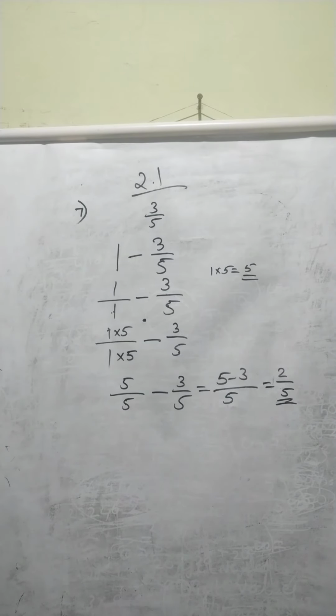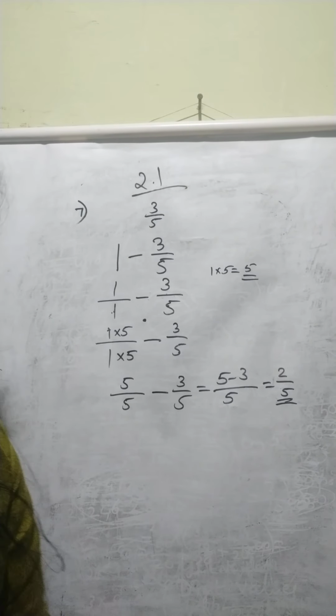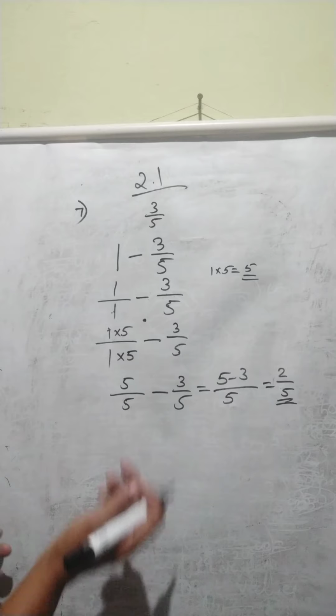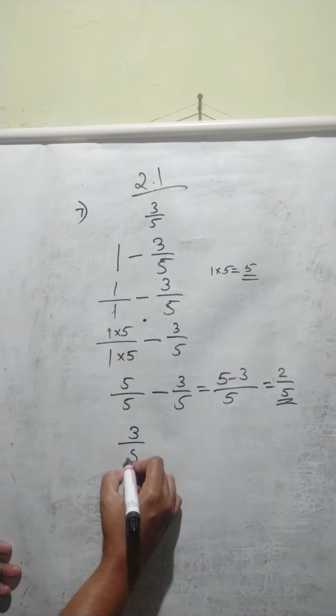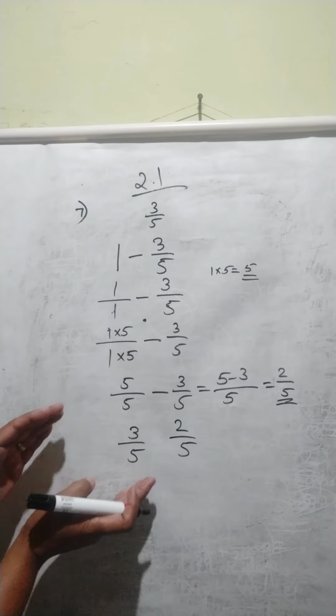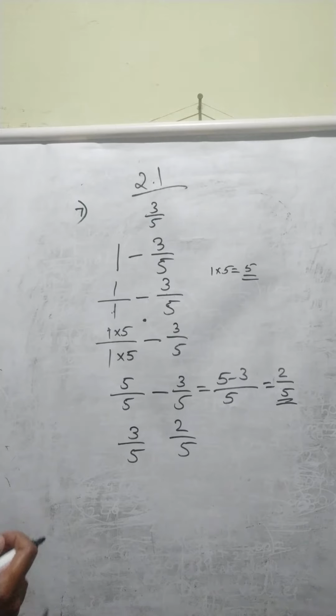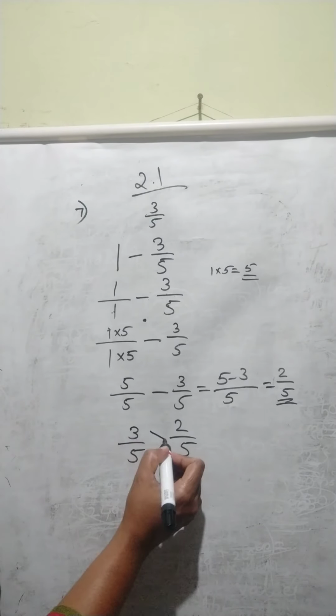Now the next question is, who had the larger share? So Ritu got 3 on 5 part and Somu got 2 on 5. So these are like fractions, so we can compare the numerators. 3 is greater than 2.